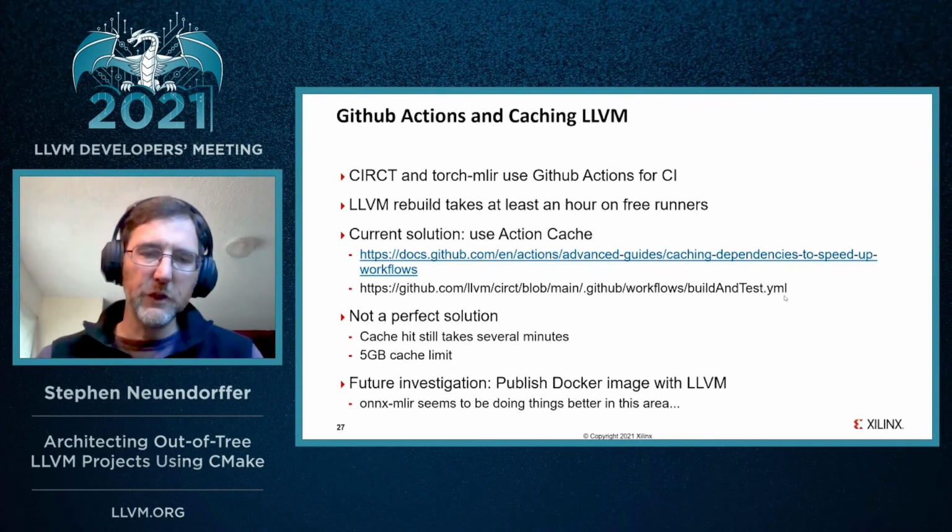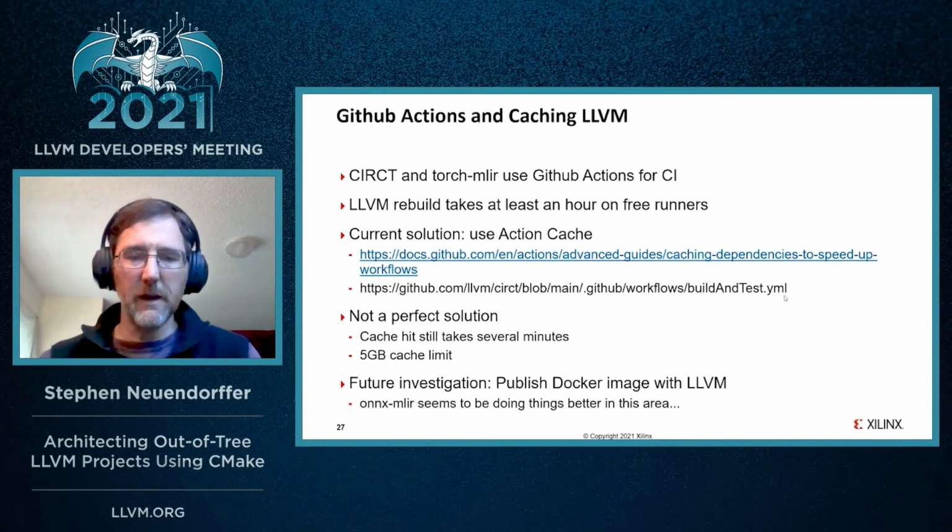So I think in the future, probably a better way forward is to use more GitHub Actions rules that are capable of publishing Docker images, and to use Docker images to manage the parts of our system that we want to rebuild. This is going to be a little bit more complex, but fortunately, Onyx MLIR has been making some progress in building a Docker-based flow.